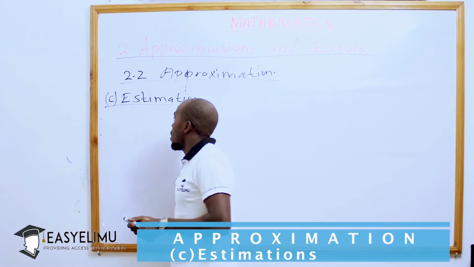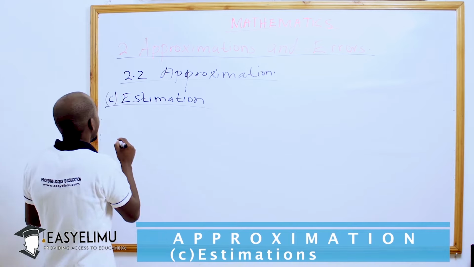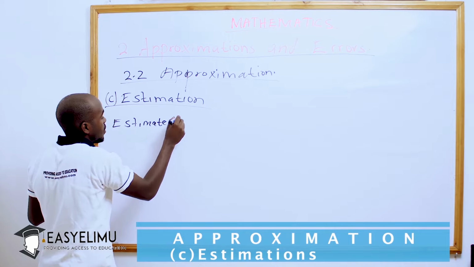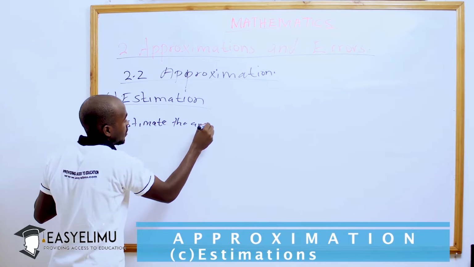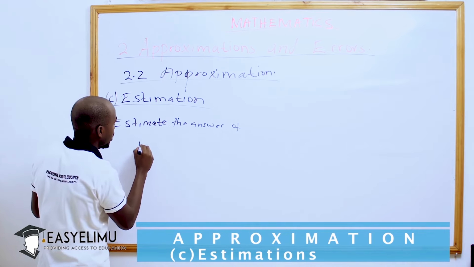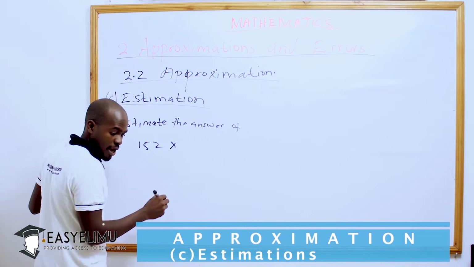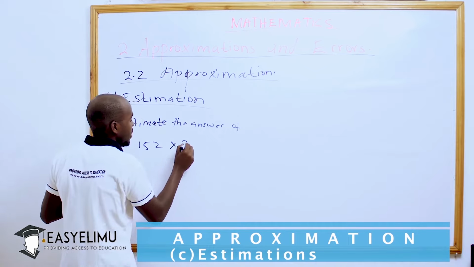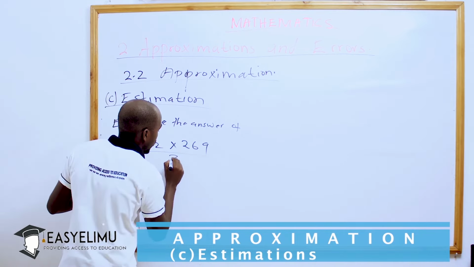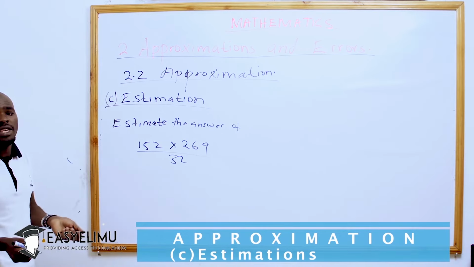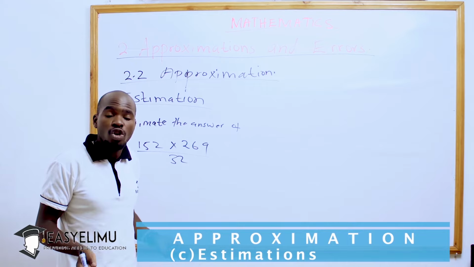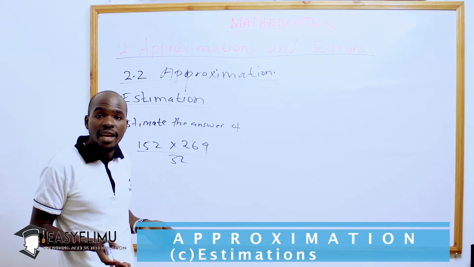So if we are given, for example, estimate the answer of 152 multiplied by 269 over 32, we have said you just round off the given numbers so as to have faster calculation.